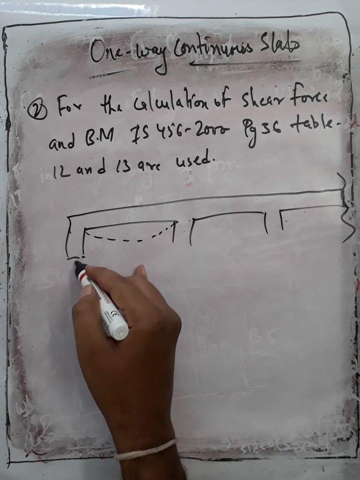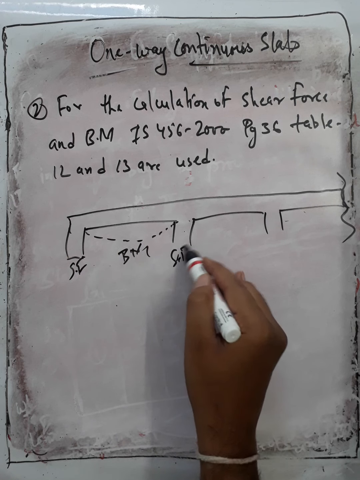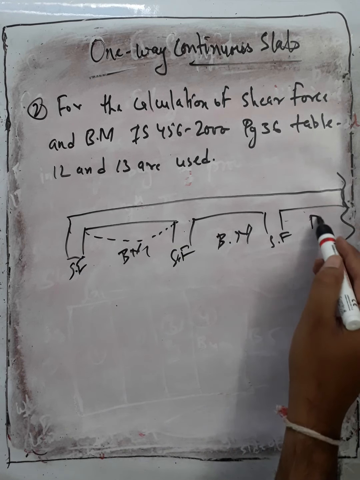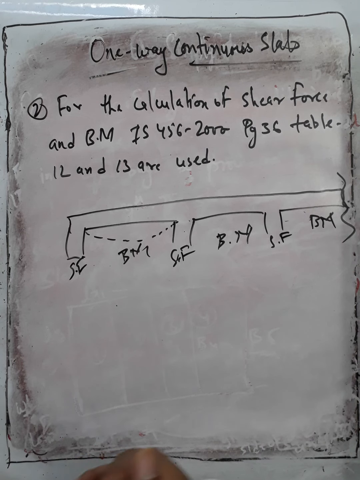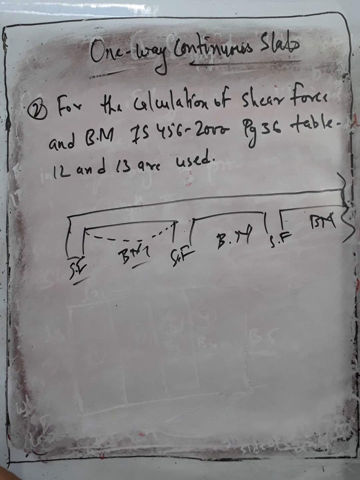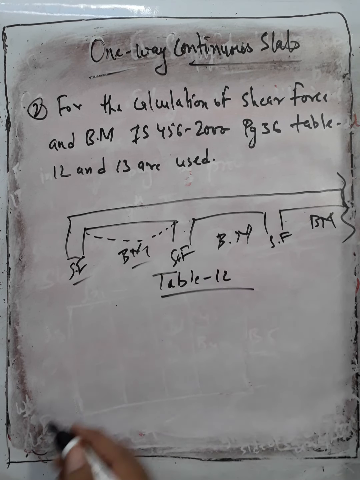So if we have to find the shear force and bending moment at each support and the center of the beam, we have table number 12 and 13 in IS 456 2000 on page number 36. That table is used for finding the shear force and bending moment. So here I draw table number 12 which is given in our code.